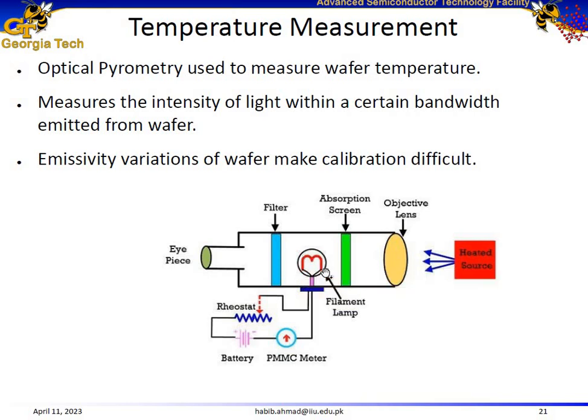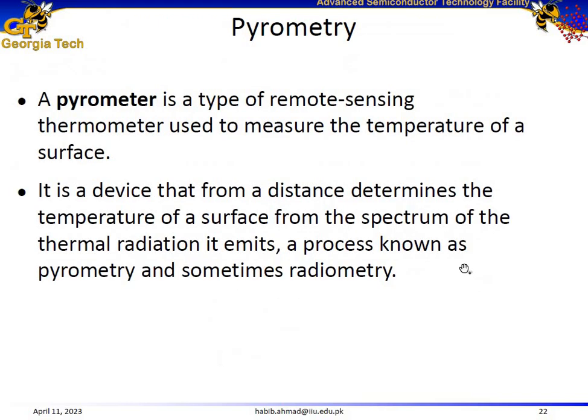It absorbs those radiations, and based on its mechanism, it measures that temperature. But the basic point is that a pyrometer is a device used for temperature measurements, and it measures the temperature of a surface remotely. The same information that I already told you in the previous slide. And pyrometry is sometimes known as radiometry as well.